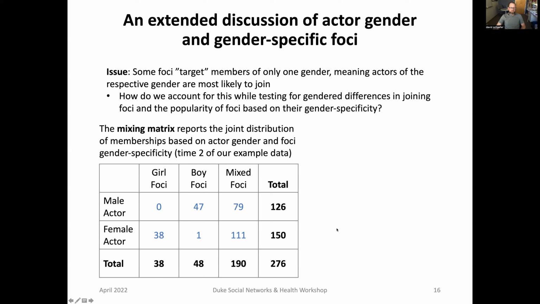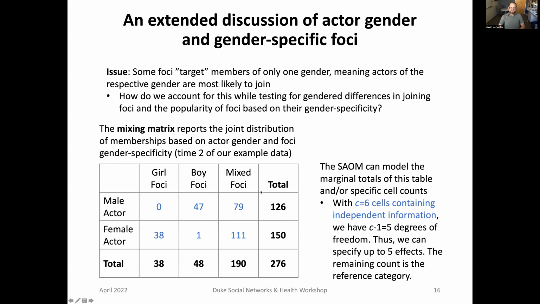So if we're modeling the two-mode network and looking at the rates of male and female membership and the rates of popularity of different activities, these are actually the target statistics that the model is trying to recreate. So this is what we will be modeling, these counts here.